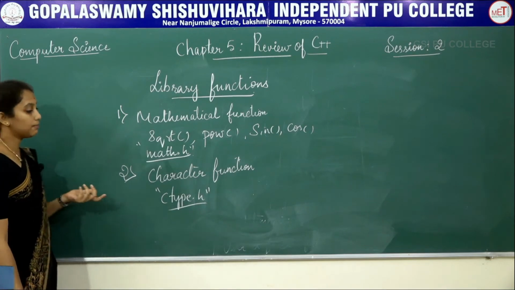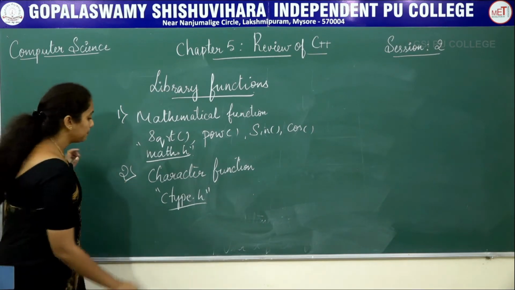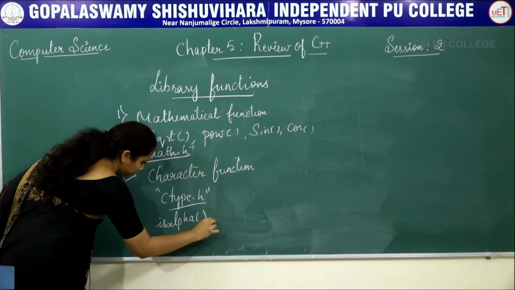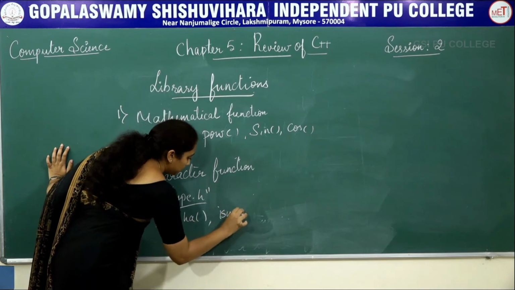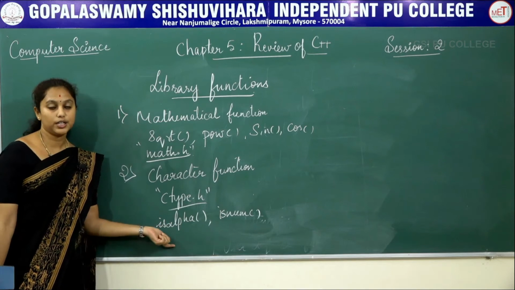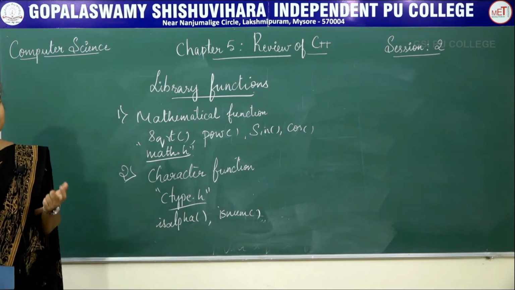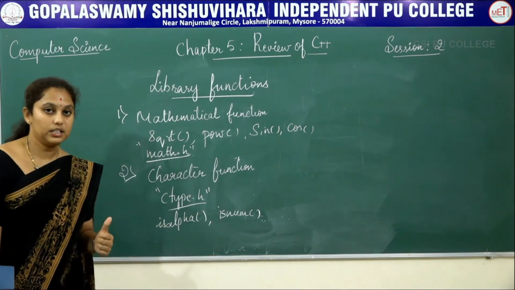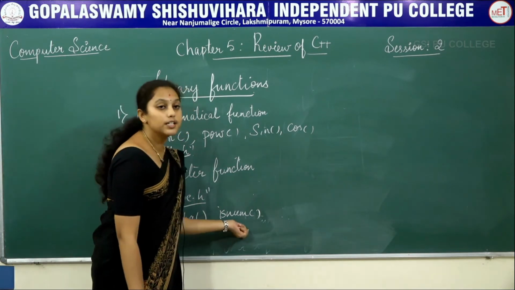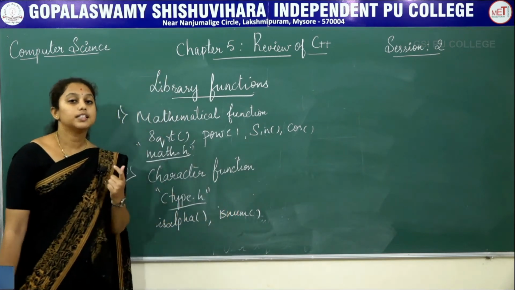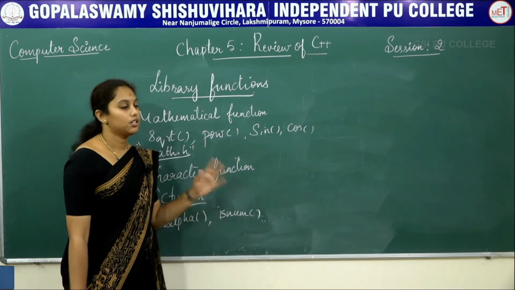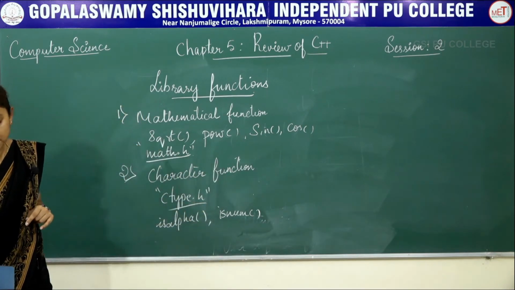Some of the examples for character functions are isalpha and isnum. The isalpha function is used to check whether the inputted character is an alphabet or not. The isnum function is used to check whether the inputted character is a number or not. So this is about character functions.